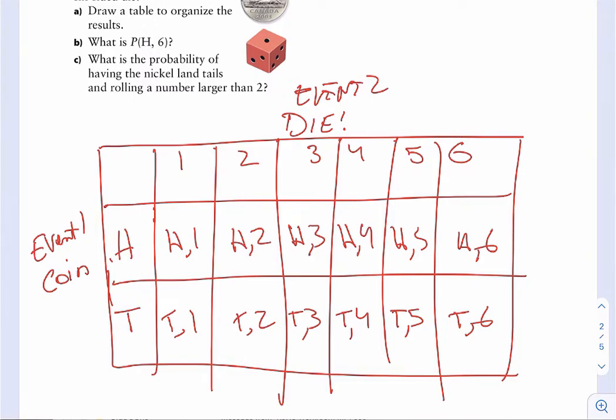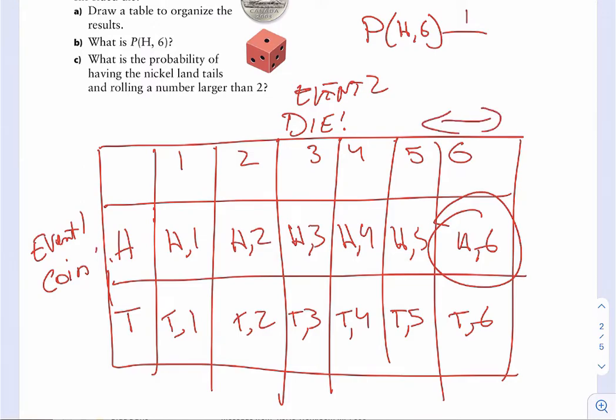Okay, B says, what's the probability of getting heads and 6? Heads and 6 only occurs once in our table. So the probability of heads and 6 is going to be 1 time, because that's the favorable one. How many total outcomes? We have 6 on this side, 2 on this side, so that means we have 12 total. 1 to 12. And I believe that is 8%.